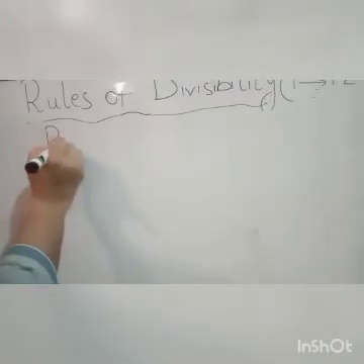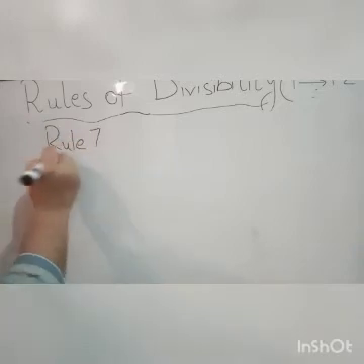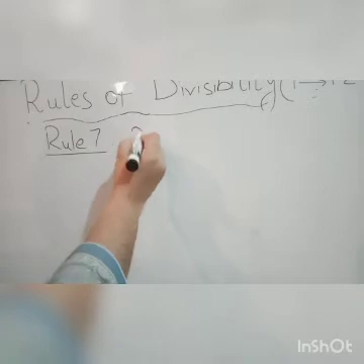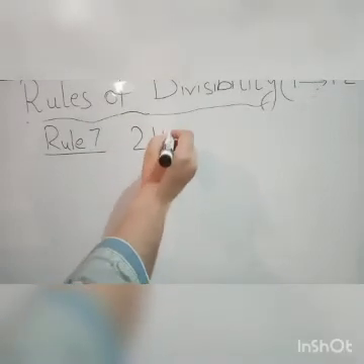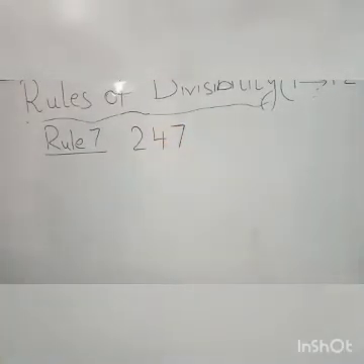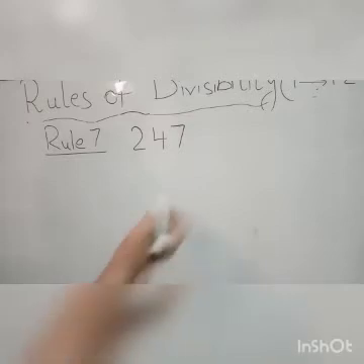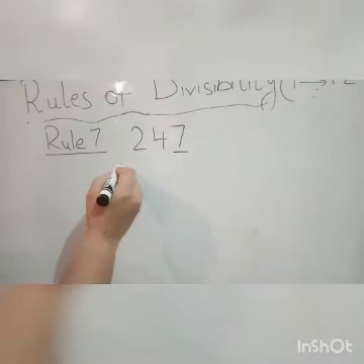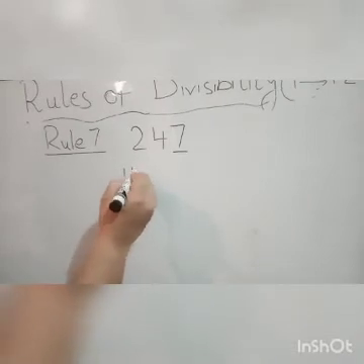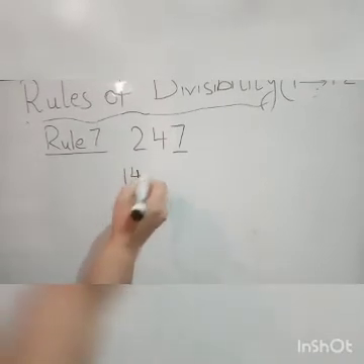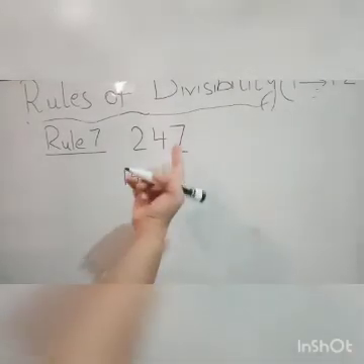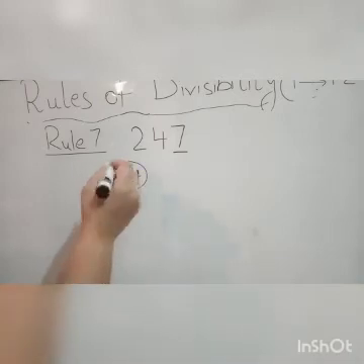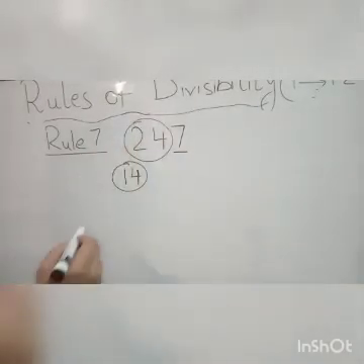The next rule is the rule for 7. It's a little bit complicated but not that difficult. You can get it easily. Let's say you have a 3-digit number, 247. Just underline the last digit and double it. If you double 7, you get 14. You can double it or multiply it by 2. Now subtract this number from the remaining part of the number.